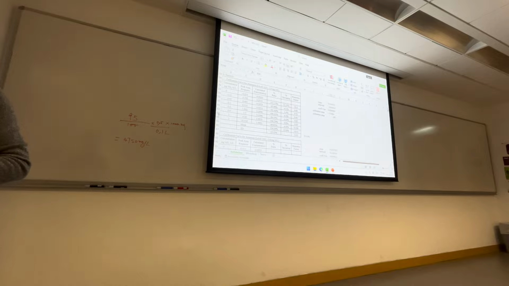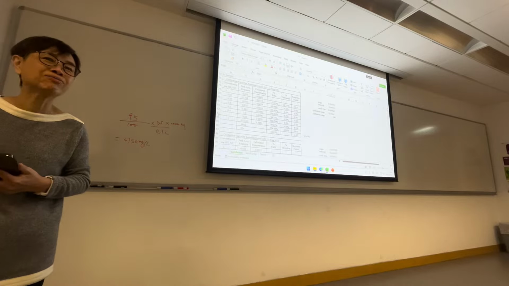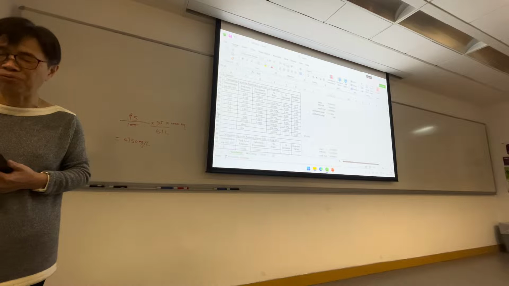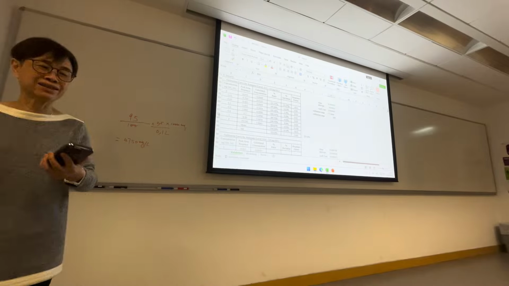So think about it first. If you want to hurry back to your hometown, then we can take the examination maybe on the 20th, then you can go back to your hometown on the 21st. Okay? So after the break, make up your mind.